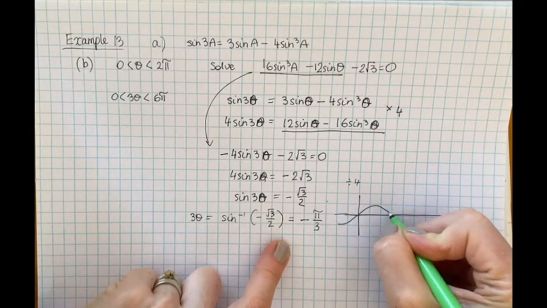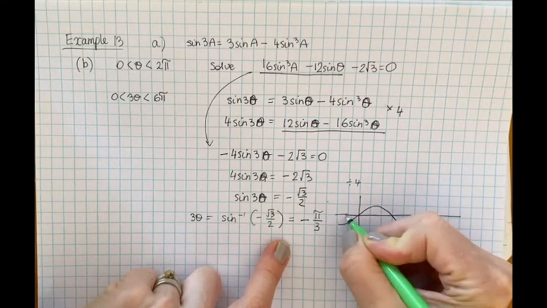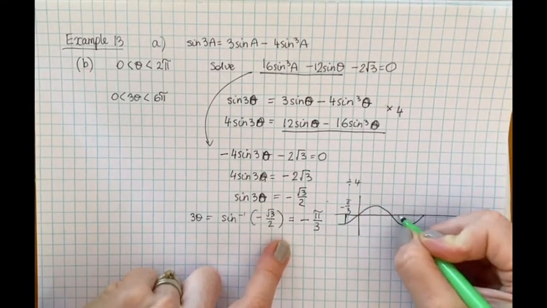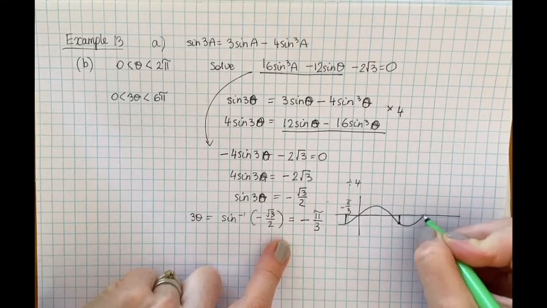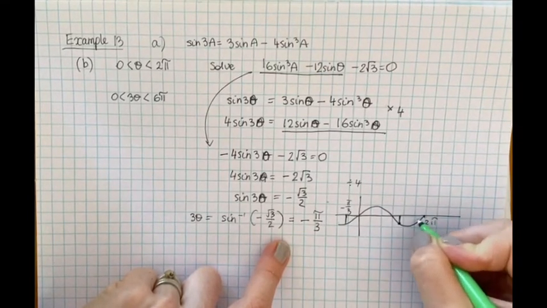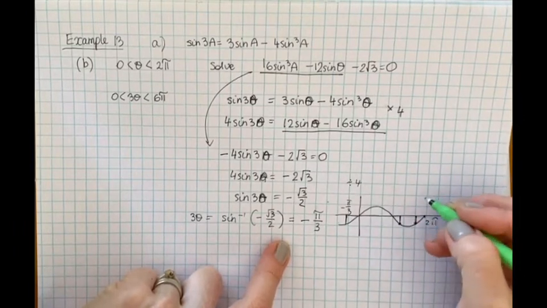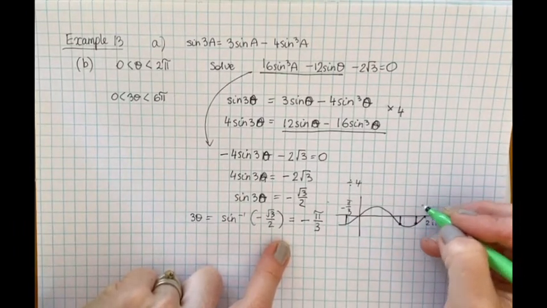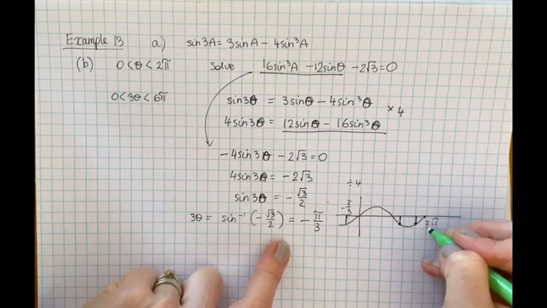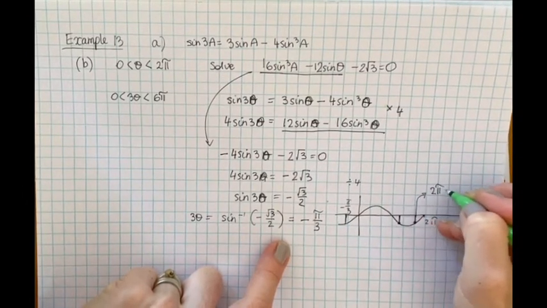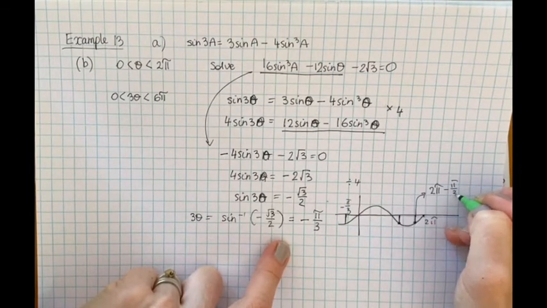solutions. So if this is my sine graph, this is minus pi over 3. So the solution within up to 2 pi, that's all I need to do, is find the two solutions up to 2 pi and then add multiples of 360, which is 2 pi, to these solutions. So this one here is 2 pi minus pi over 3.